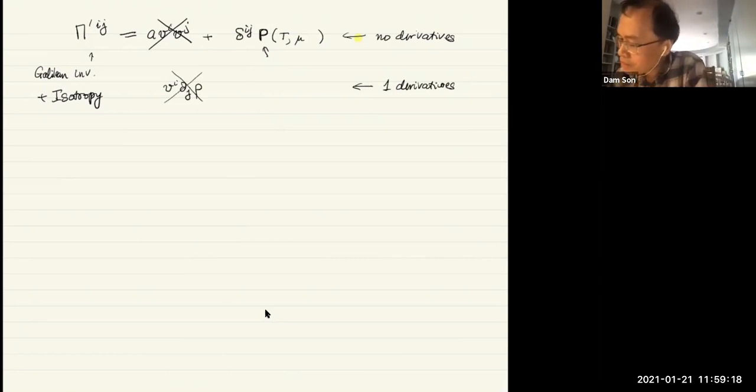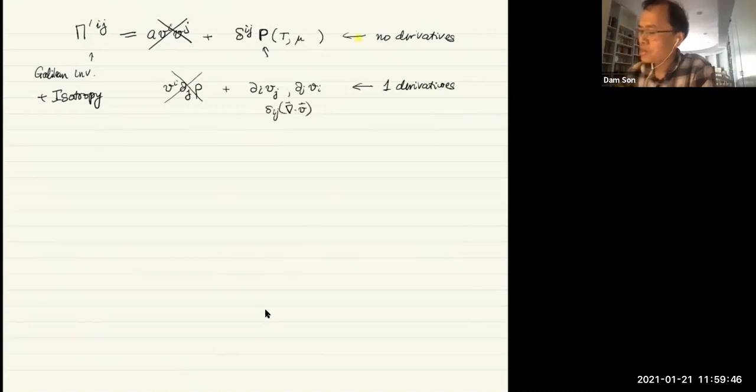So with one derivative, the only things we can write are some derivative of velocity, like the divergence type of term, or djvi, or again delta ij times total gradient of v.